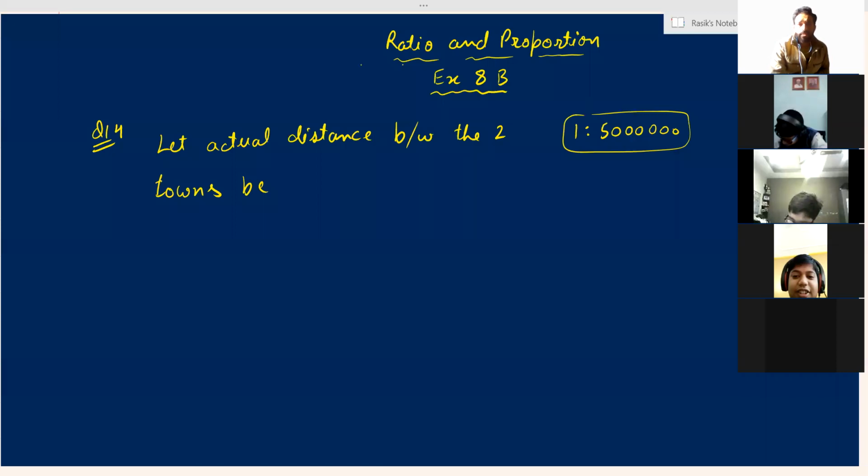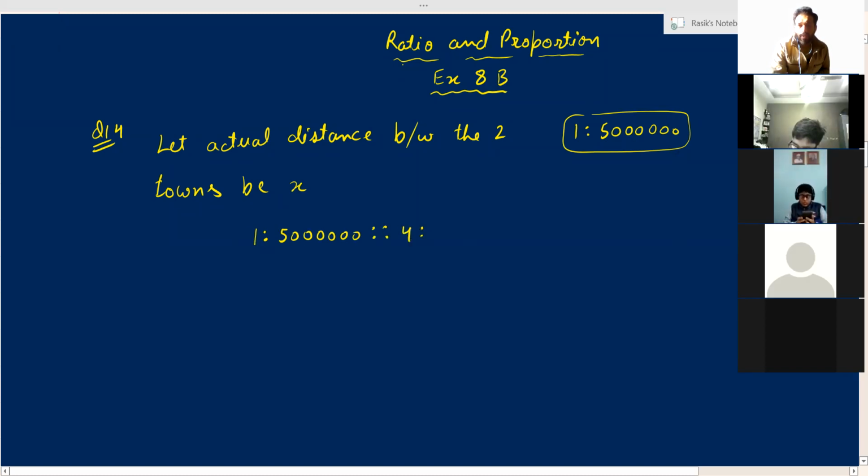Let the actual distance between the two towns be x. Now this is the actual distance, and now we know that the proportion will be same. That means 1 is to 50 lakh as 4 is to x. So from this, we just have to find the value of x.